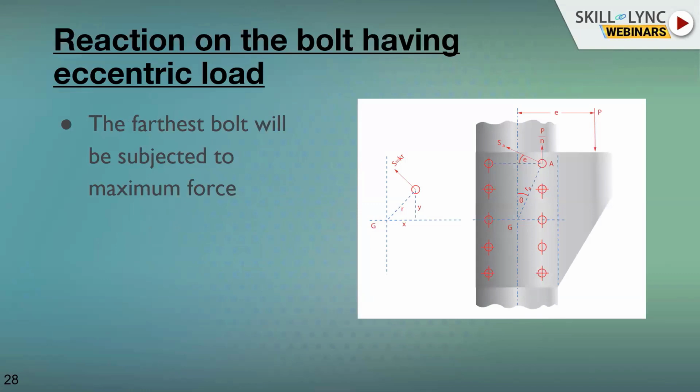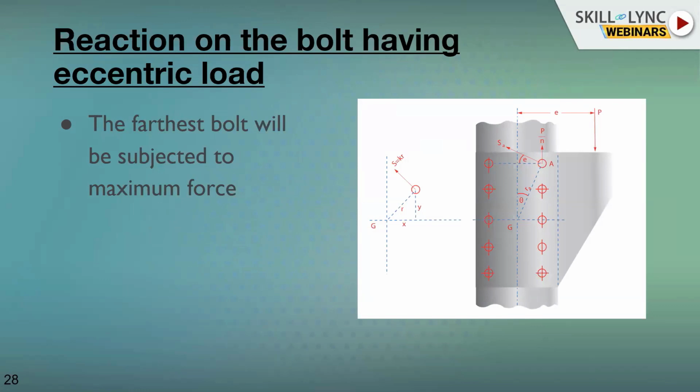So, the reaction on the bolt under eccentric loading. You might have written your answers in the chat box, but anyway, I'll explain it to you. The extreme last bolt, either at the top or at the bottom, will experience the maximum force because of the eccentric loading.